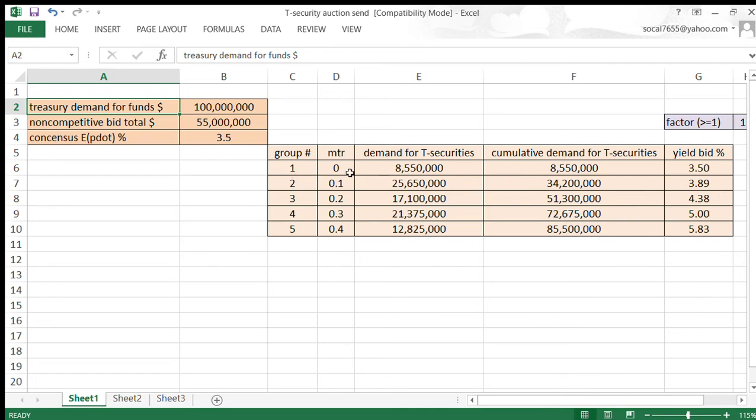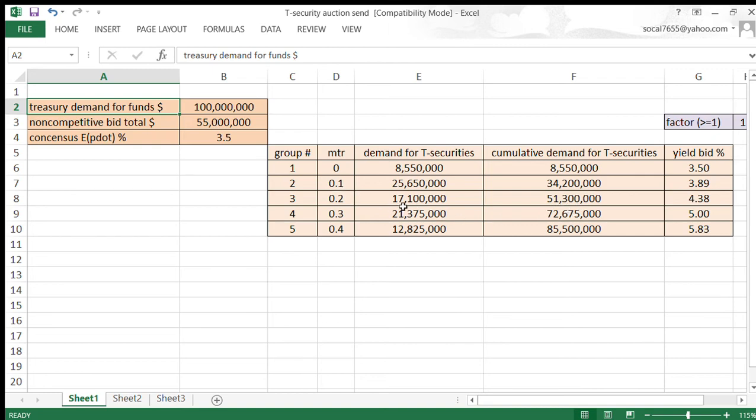And everybody in group 1 and group 2 will get everything they wanted, and we assume there's going to be some apportioning of the folks in group 3, since we only need 45 and it goes up to 51.3, so we got 6,300,000.